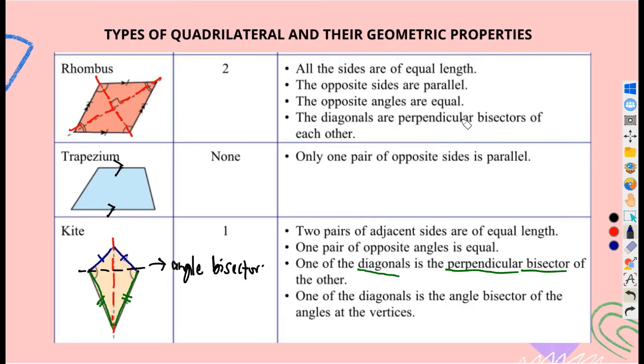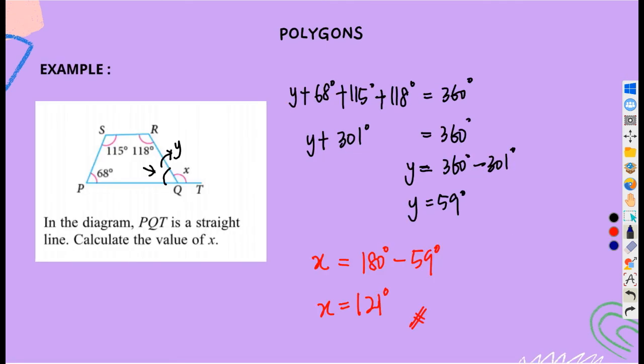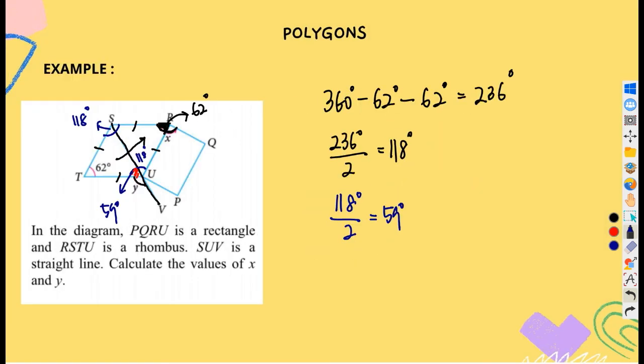Because the diagonals are perpendicular bisectors of each other. That's why we divide by 2 here. So we see back the question. Now we know that the angle at the rectangle here is actually 90 degrees. So here also 90.